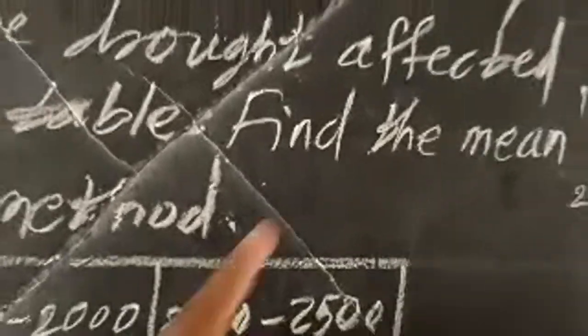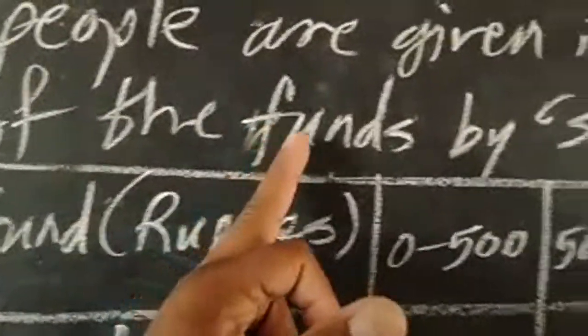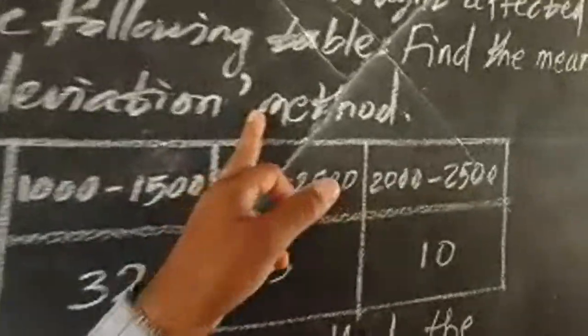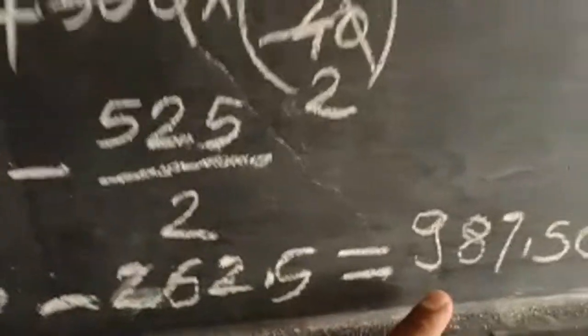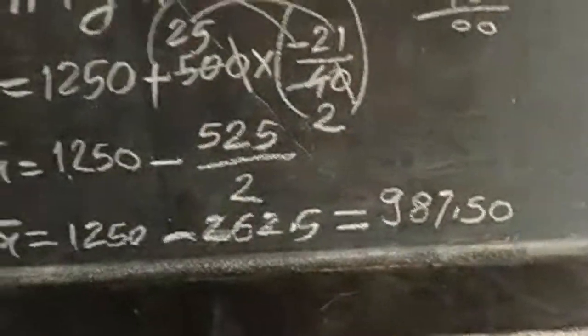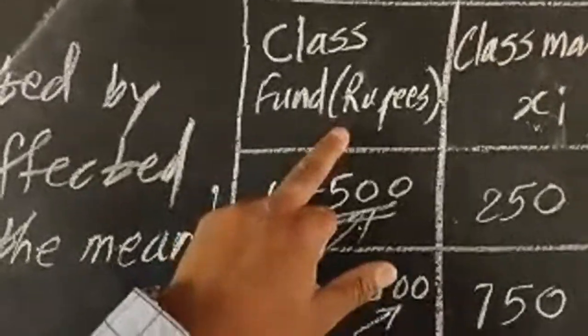Answer sentence is: the mean of the funds by step deviation method is 987.50, and the unit is rupees.